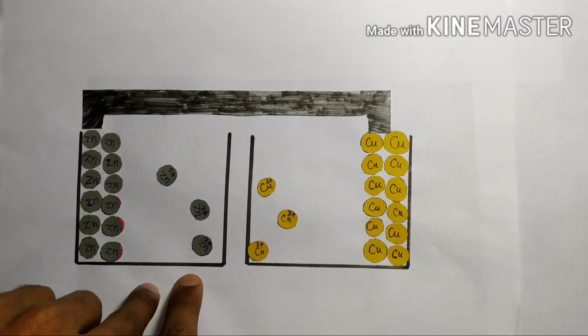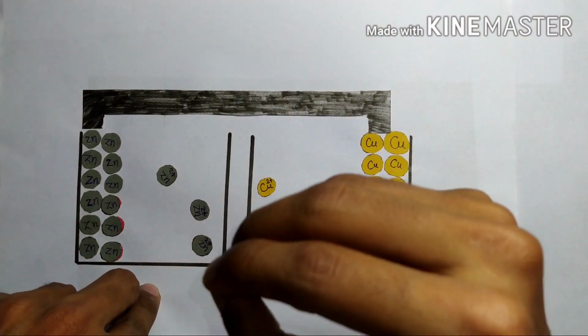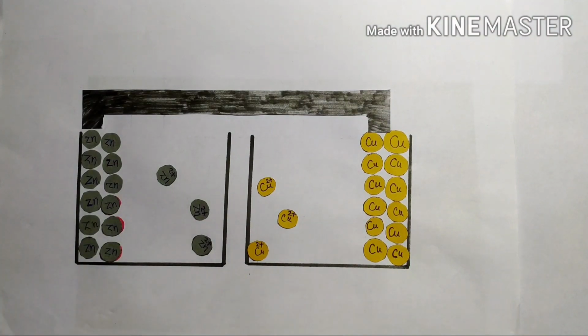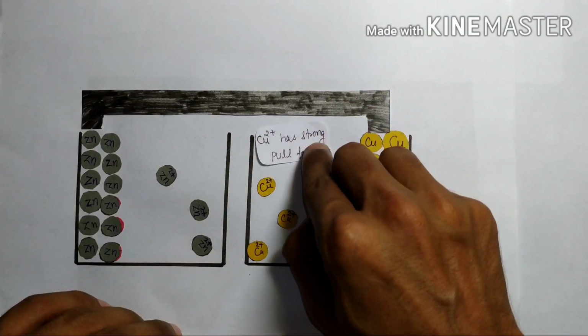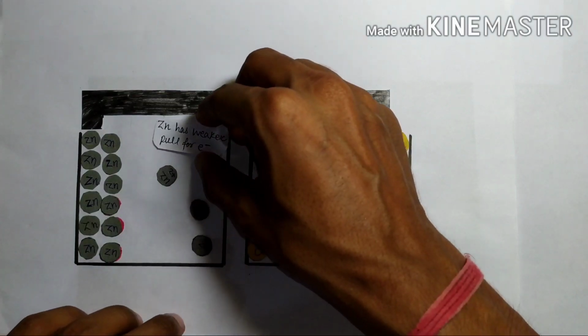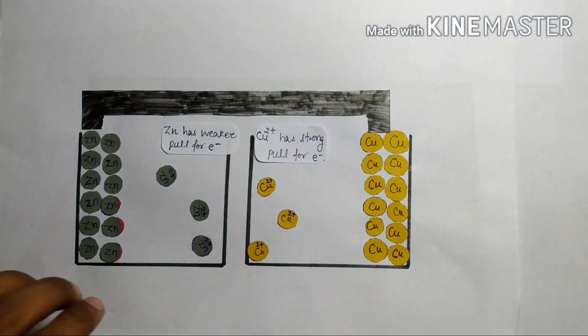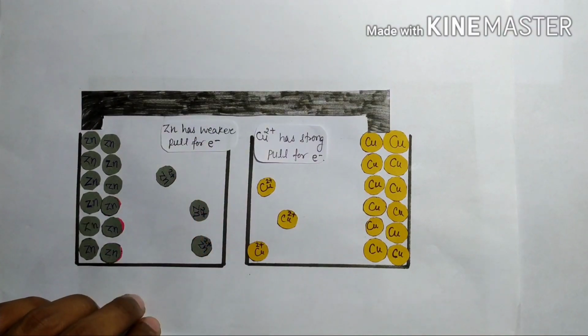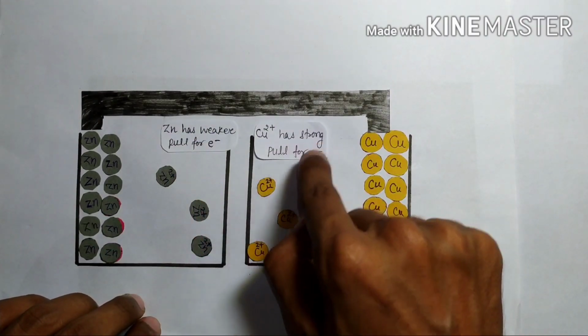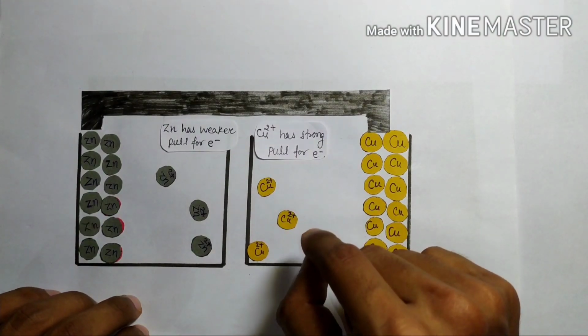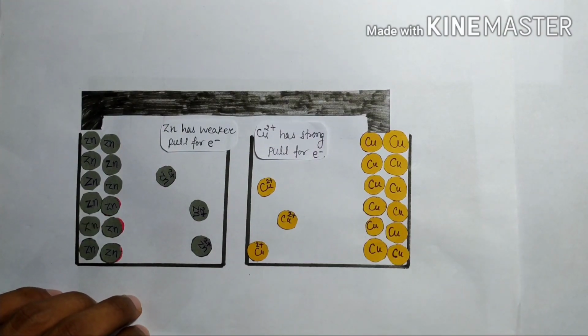The Cu2+ has a strong pull for the electron, and the Zn2+ has a weaker pull for the electron. That's why Cu2+ takes the electron first.